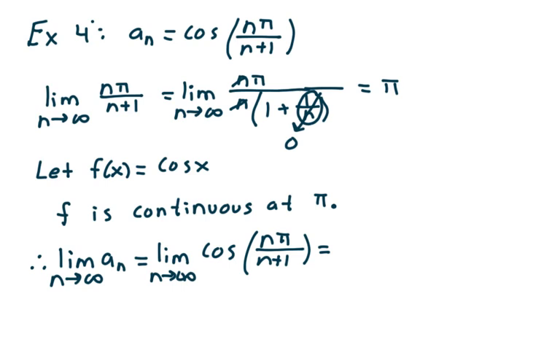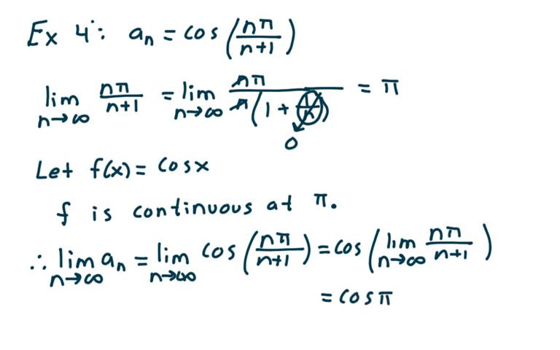Now, because f is continuous at pi, that's going to allow me to slide that limit in. So I'm going to take the limit as n goes to infinity of n pi divided by n plus 1. But that's cosine of pi, and cosine of pi is negative 1.